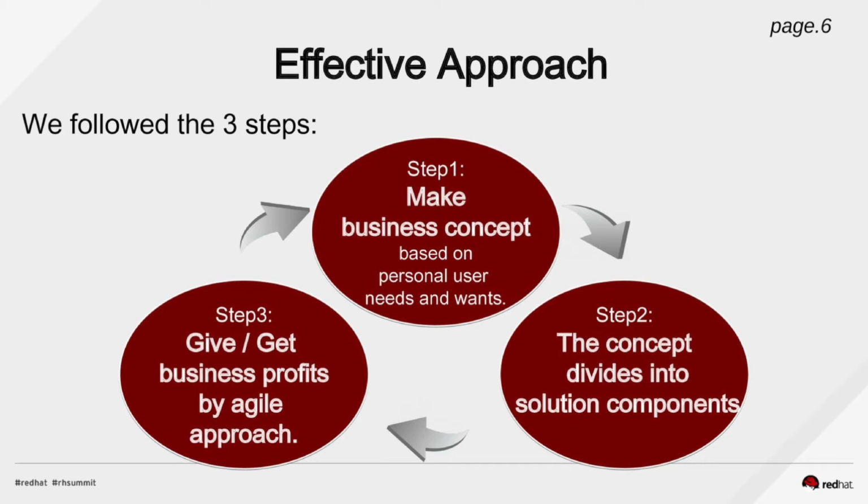So we needed to emphasize the concept based on personalized user needs and wants clearly with all project members. The second step is dividing the concept into solution components. As you know, for our project, the core key technologies are BRMS, the Business Rule Engine, and a Data Grid product.